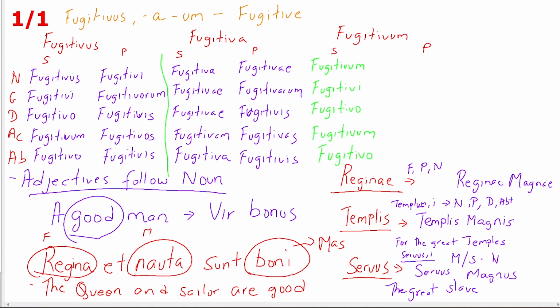Now when we look at the plural, you would have nominative fugitiva, then genitive fugitivorum, dative fugitivis, accusative fugitiva, and ablative fugitivis.